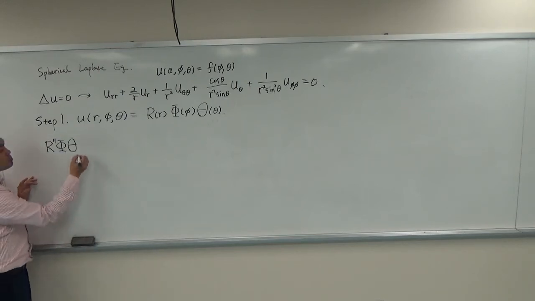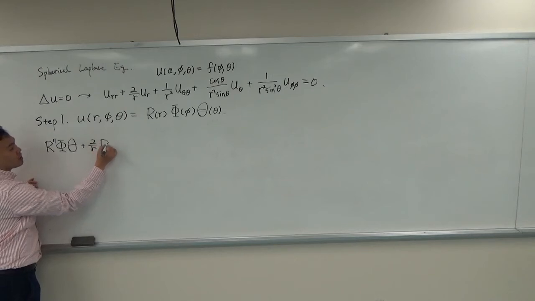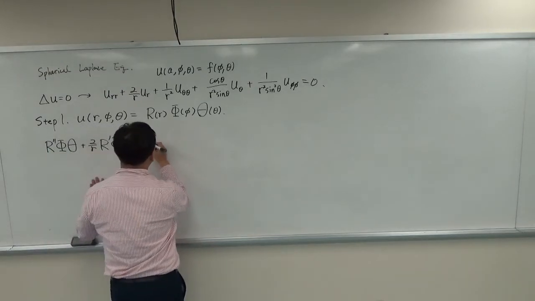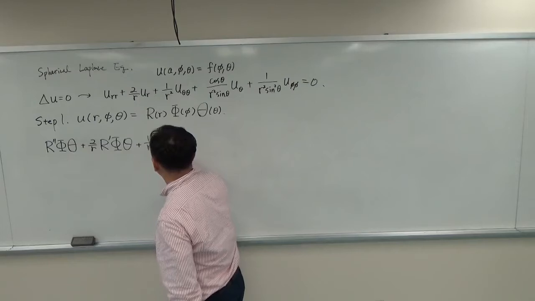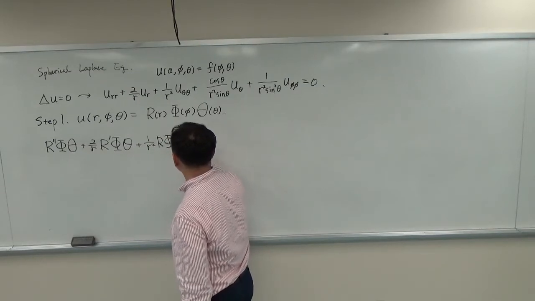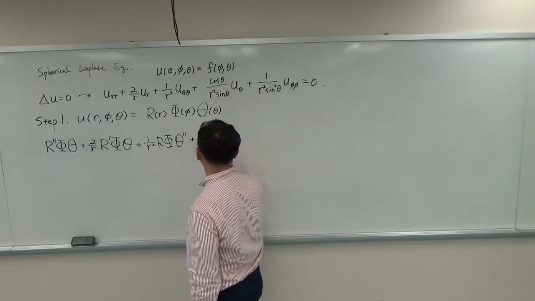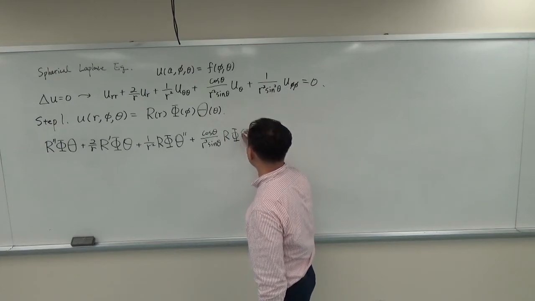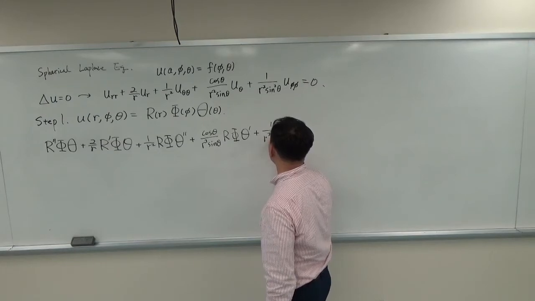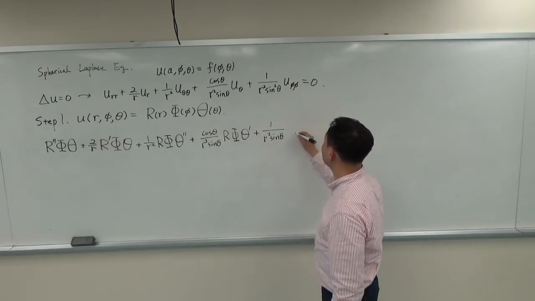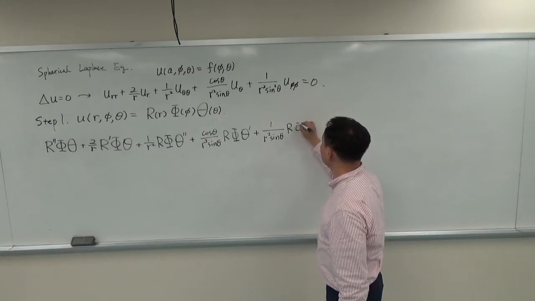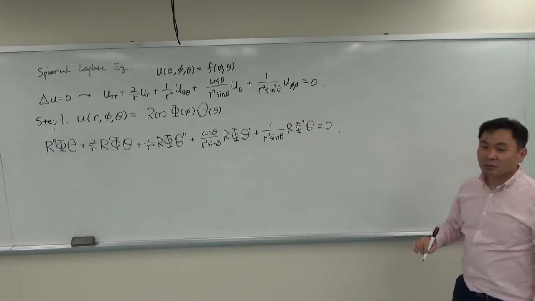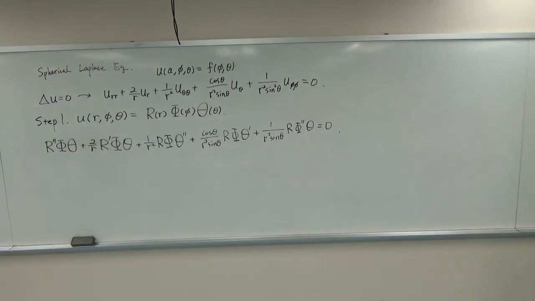And then we will write 2 over r R prime Phi Theta plus 1 over r squared R Phi double prime Theta plus cosine theta over r squared sine theta R Phi Theta prime plus 1 over r squared sine squared theta R Phi double prime Theta equals 0. All right, so that's what we got. And now what's the next step?